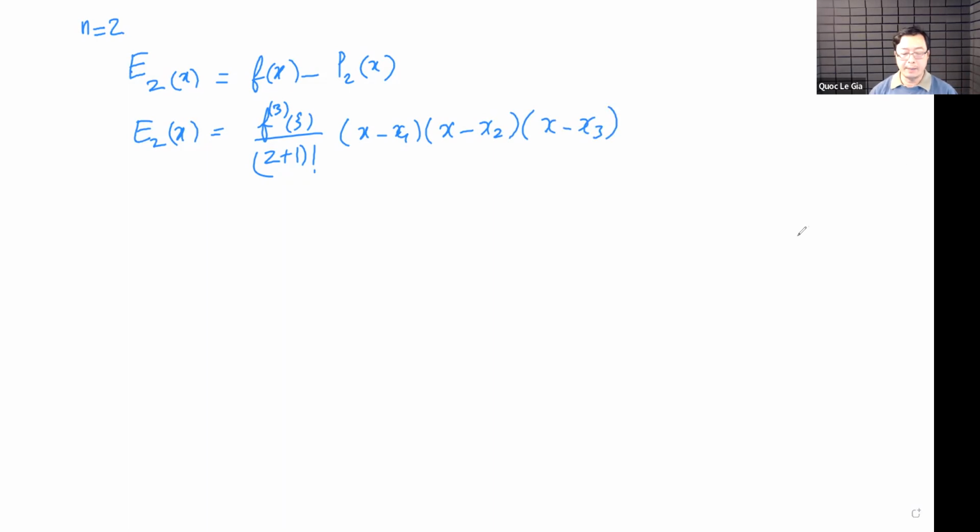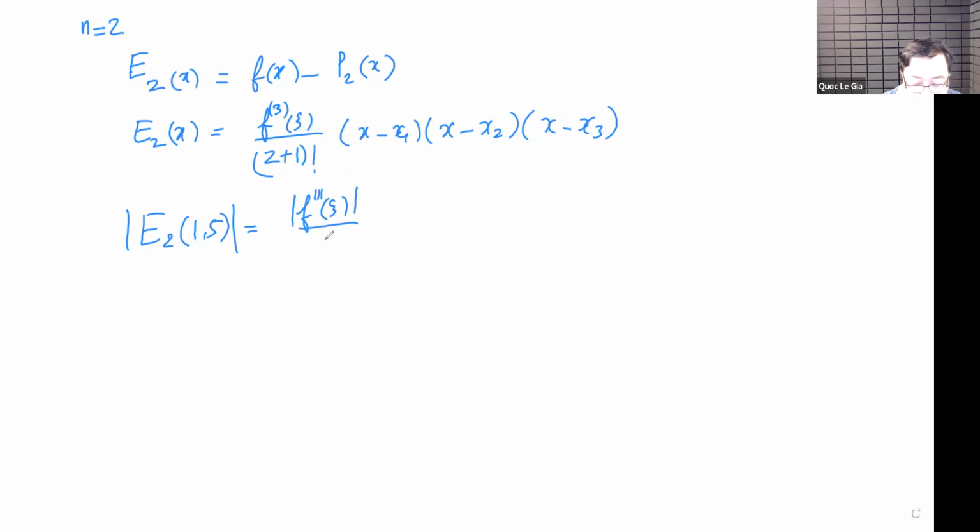So now what is the next step? Remember, we want to estimate at x equal 1.5, right? So what is E2 at 1.5? And maybe we just estimate using the absolute value. So then we have the third derivative of f at xi over 3 factorial.